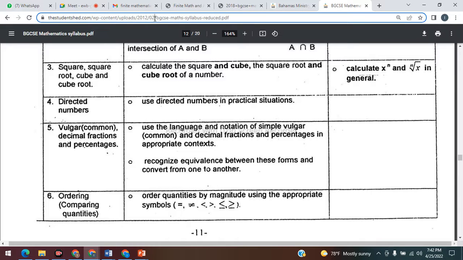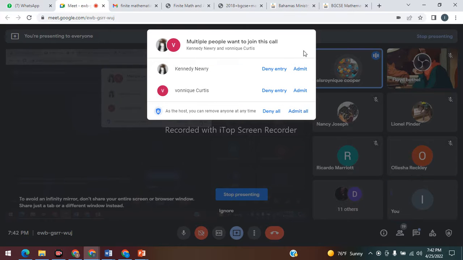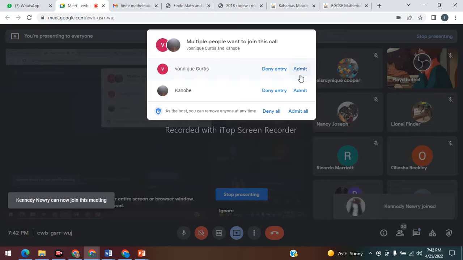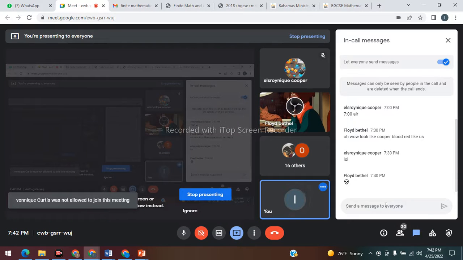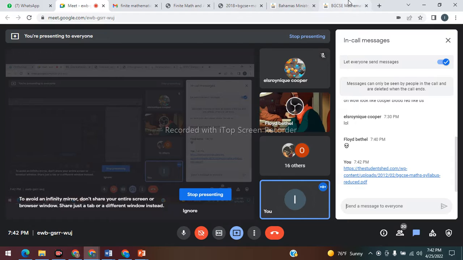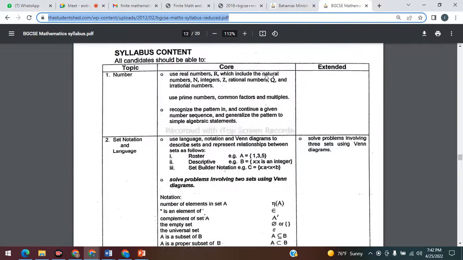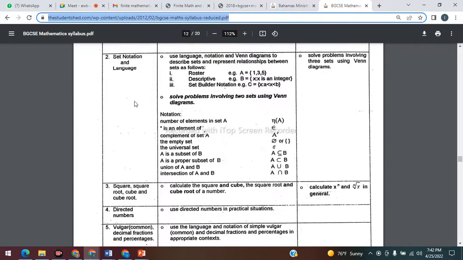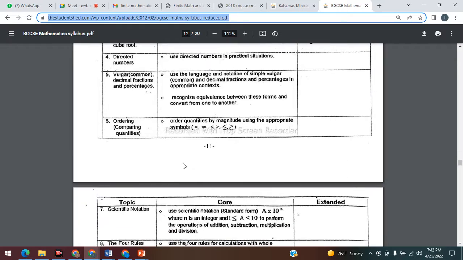Let me put the PDF link in the group chat so you can access it. The one for BGCSE is literally exactly like this, I'll be honest. They start off with numbers, they start off with sets, they do squares, they do directed numbers, they do vulgar fractions.